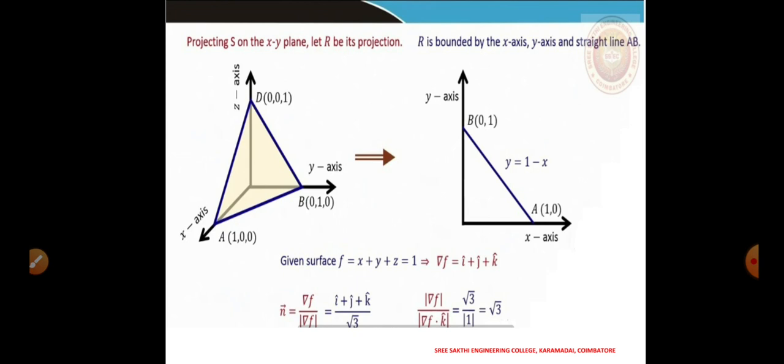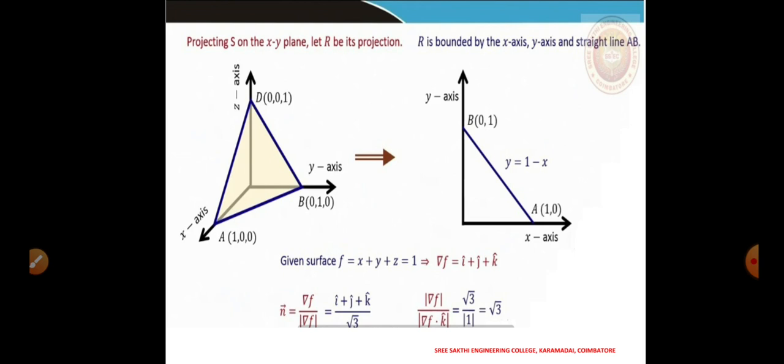So this is the region where we will integrate the surface integral. R is bounded by the x-axis, the y-axis and the straight line AB. So this is our R, the projection, capital R, and the perpendicular to this capital R is going to be the k vector.